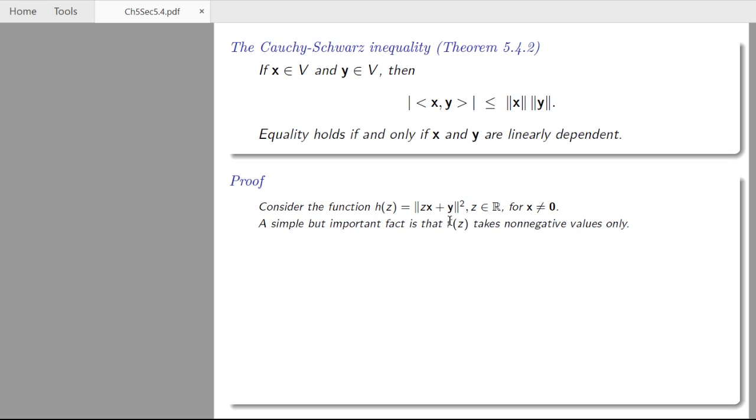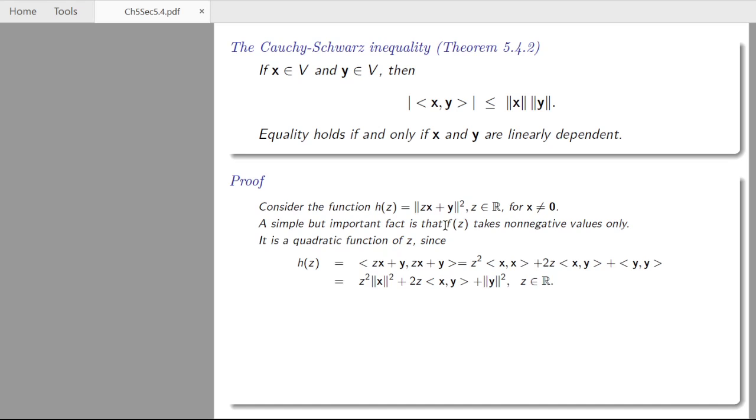I'm sorry, this should be h of z, not f of z. And then we can say h of z is a quadratic function of z.